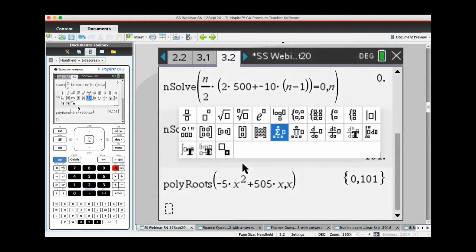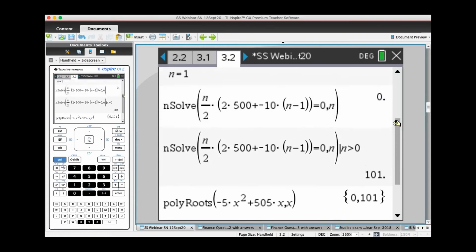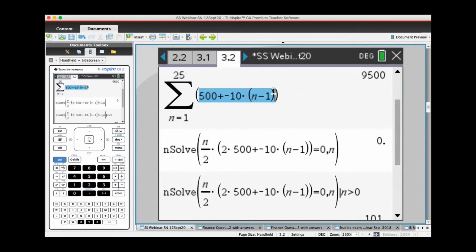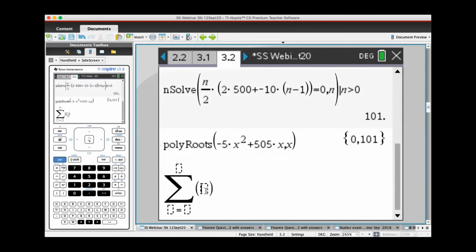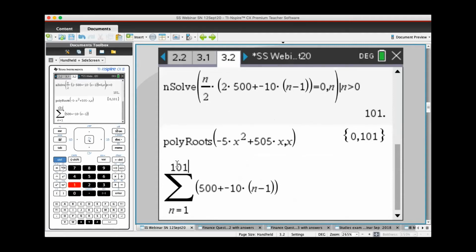I'm using the math template and the sum, and this is the expression. I'm going down and saying n equals 1. I know it is 101, but I still want to check.